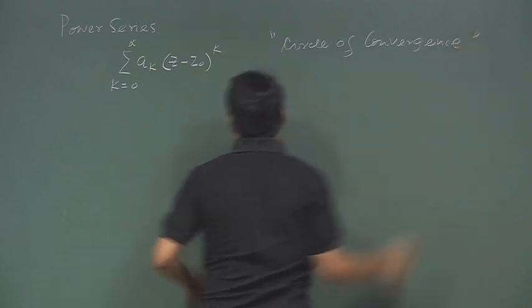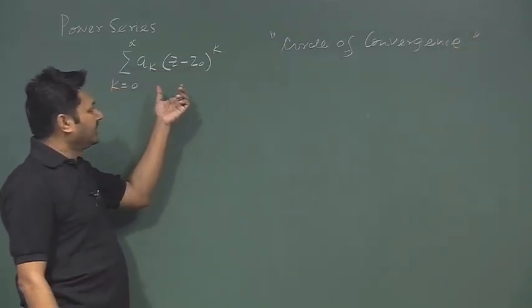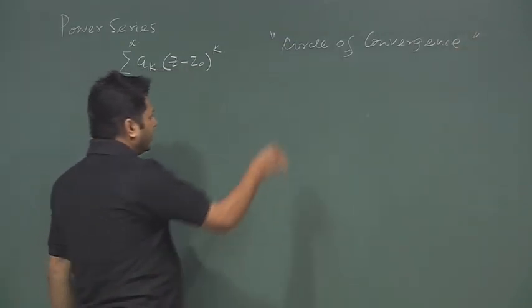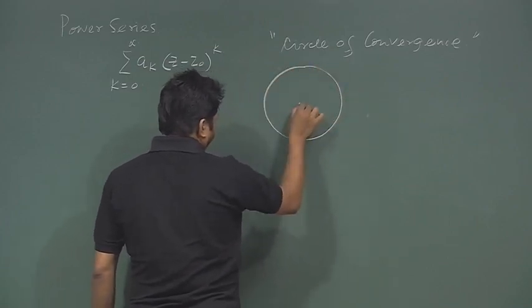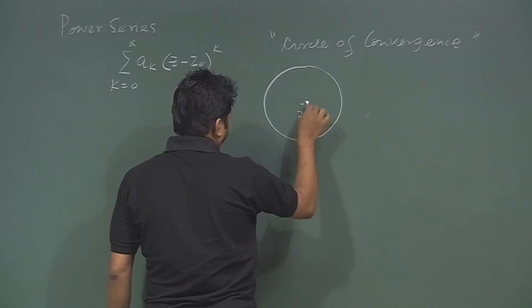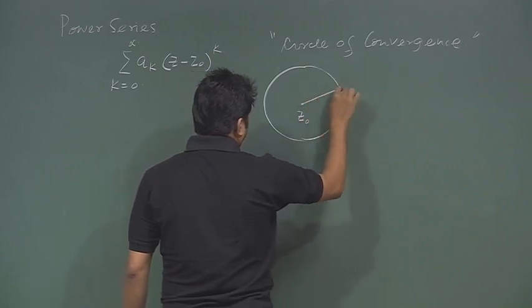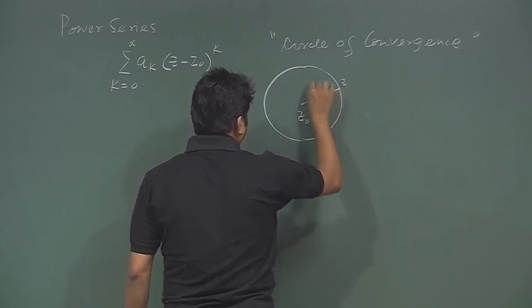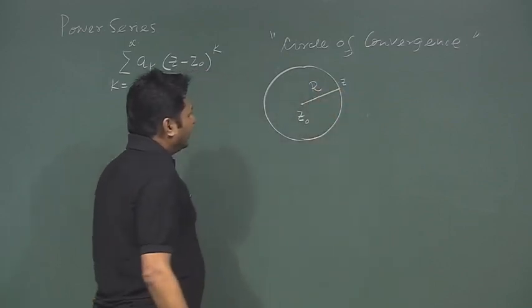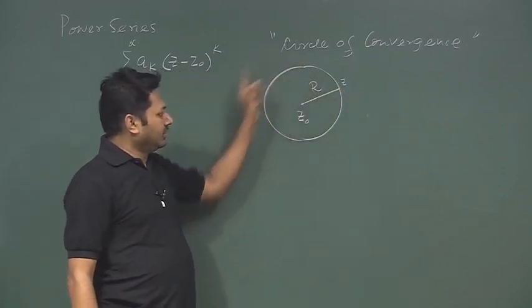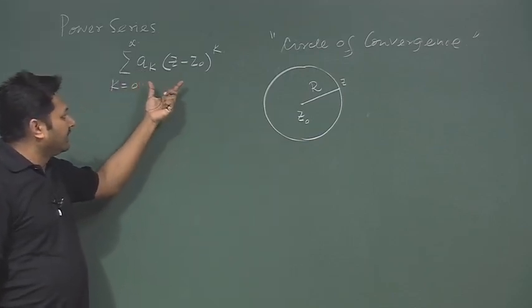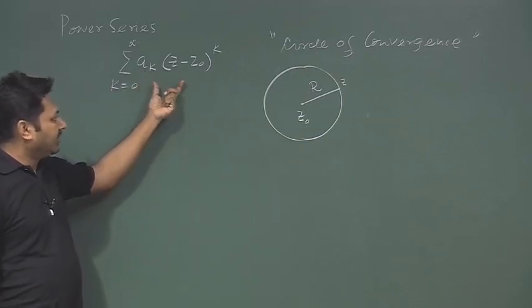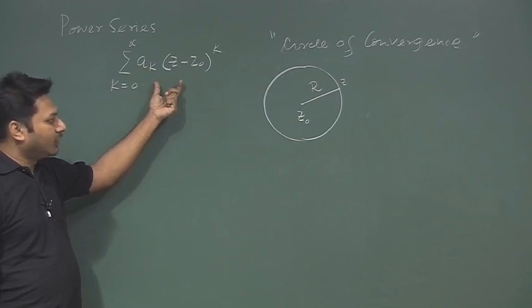That means you can expand the function in terms of a power series if this is the point z0 and here I have z, and my radius is r. So, in this region it is possible to expand this particular series so that the series converges.